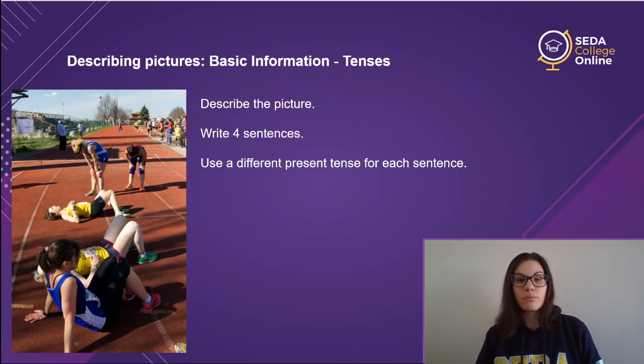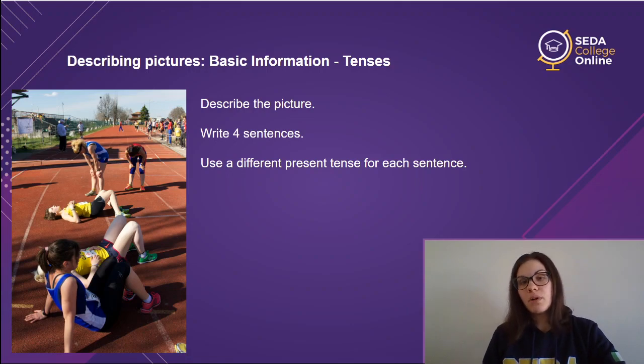For example, if you see that my eyes are red, you could say, she must have been studying for hours. Okay, so you can do something similar for this picture. I remind you again, I want 4 sentences.